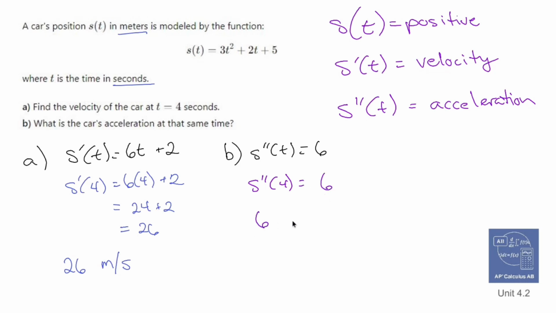This is not 6 meters per second. This is 6 meters per second squared, because you took the derivative again. You know how you have d^2y/dx^2? Same idea. You are taking the second derivative. That's how you find velocity and acceleration.